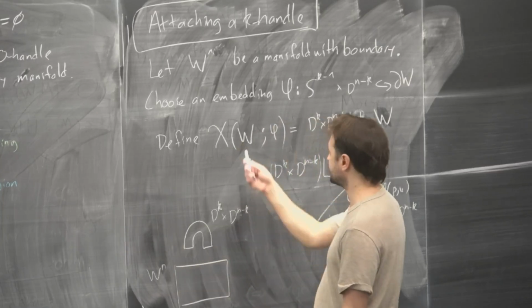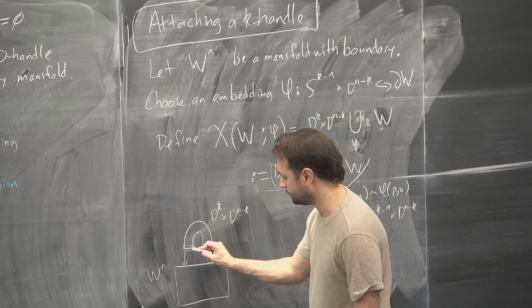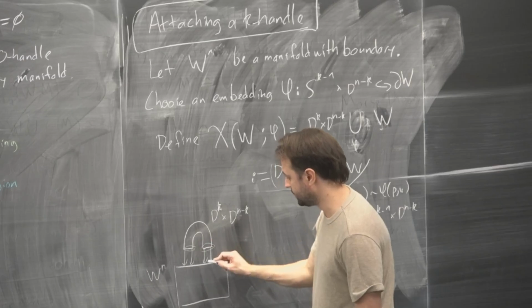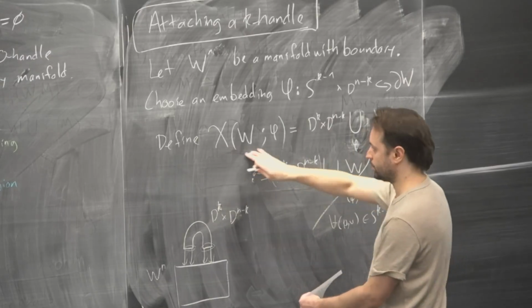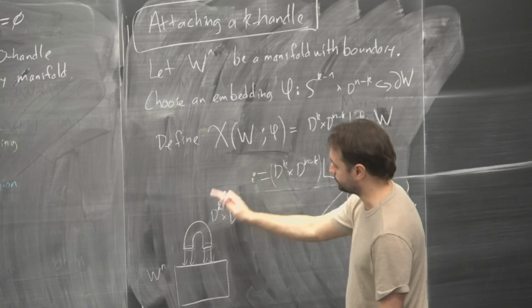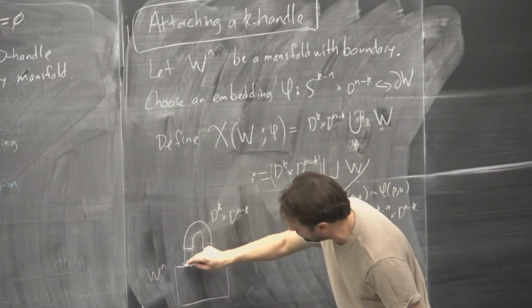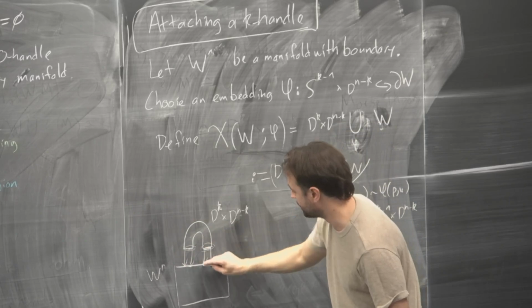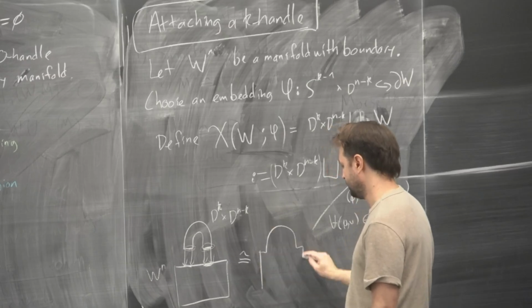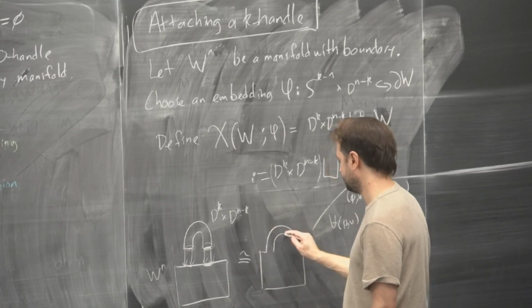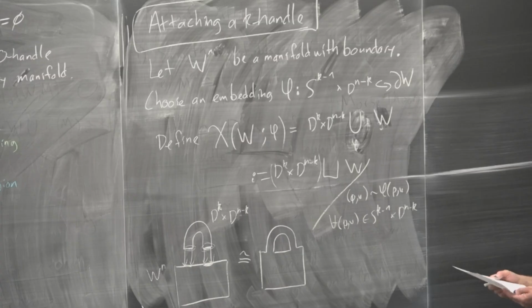And so our attaching map goes from the ends of your handle and embeds it into this boundary component of W. And then what's called the trace of this handle attachment, or trace of the surgery, is just what you get when you identify this region with that region, and this region with that region. So by attaching the handle, you just recover our suitcase. This is the picture of the handle attachment.